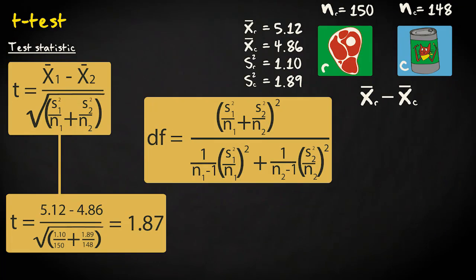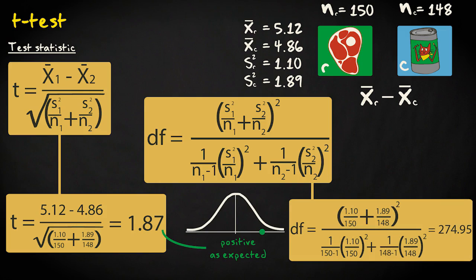The test statistic value is 5.12 minus 4.86 divided by the square root of 1.10 divided by 150 plus 1.89 divided by 148. This equals 1.87. As expected, the value is positive and falls in the right tail. The degrees of freedom are 274.95.